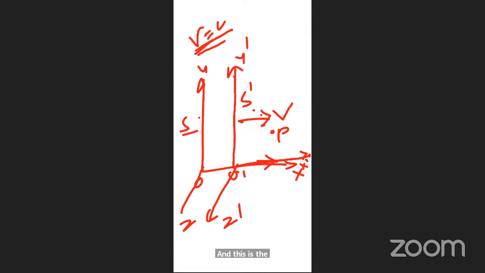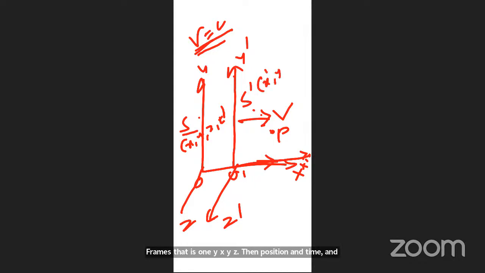You can define the event. This point P is defined by the coordinates of the S frame, that is x, y, z and t, position and time. And the S dash frame coordinates are x dash, y dash, z dash and t dash.